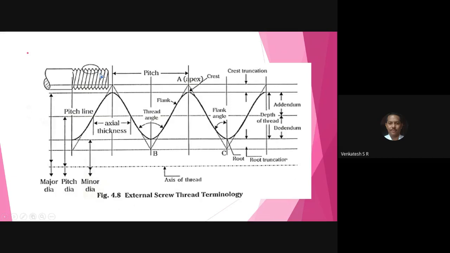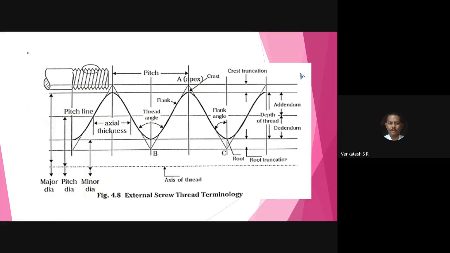How do you specify the external thread on the bolt? All of you remember the inclined line with the crest. Crest looks like a triangle. If you touch the bolt with your two fingers, how do you feel?